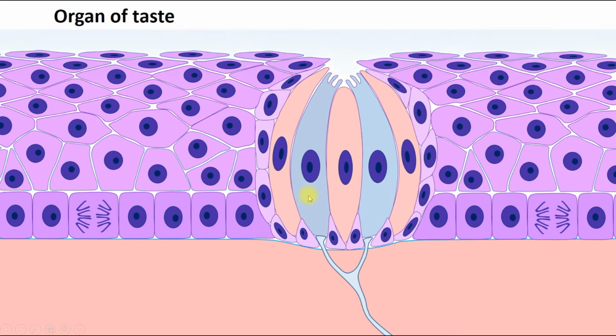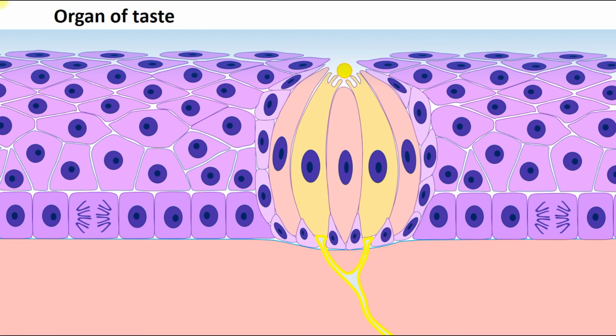And here we can see a layer of mucus which covers this epithelium, and taste molecules, different kinds of molecules from food, are dissolved in this layer of mucus, and they come to receptor cells, sensoepithelial cells. They react to these molecules, they are activated, and then they send information to the dendrite of a sensory neuron. And this causes a wave of depolarization in the dendrites of the sensory neuron, and this information goes to the CNS. So it's the sensoepithelial type of sensation, it's a secondary type of sensation.